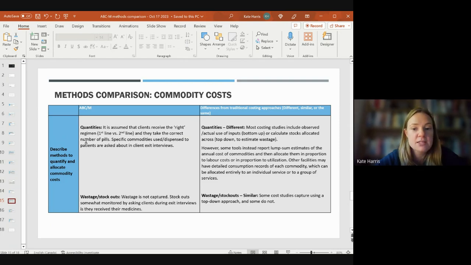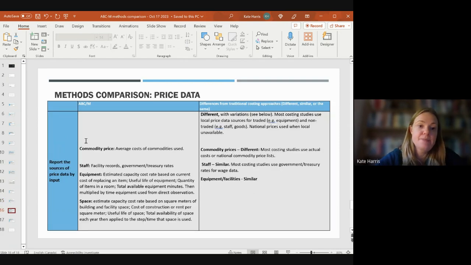In other costing studies, something to ask about is how they calculate these commodity costs. Sometimes it's observed, sometimes it's about stocks allocated, sometimes you might get a lump sum estimate that cascades down, and then that would include stockouts. Given the importance of this cost driver, it's something to ask about: how commodity costs are quantified and allocated in the study.